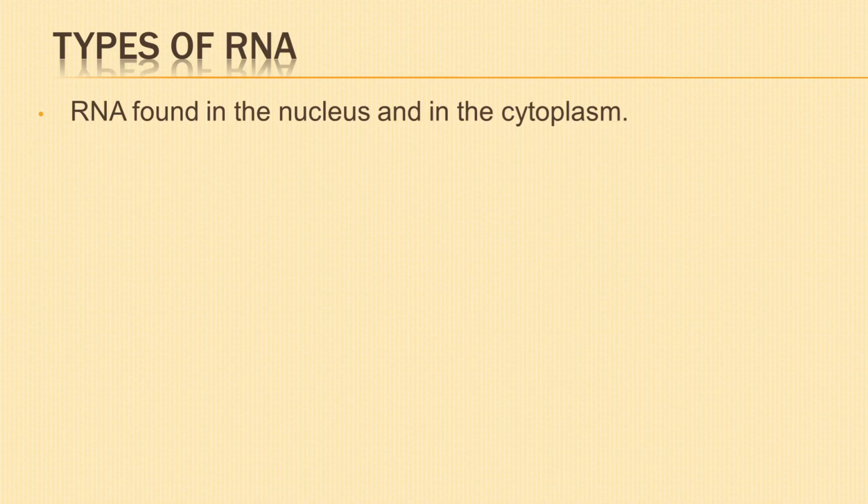Having studied DNA in detail, we will now study about RNA. RNA is a nucleic acid found in the nucleus as well as in the cytoplasm. There are two main types of RNA.